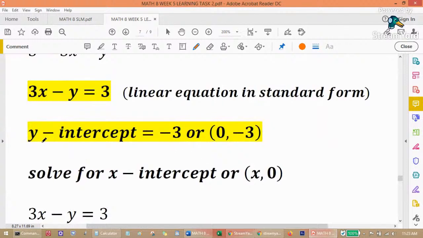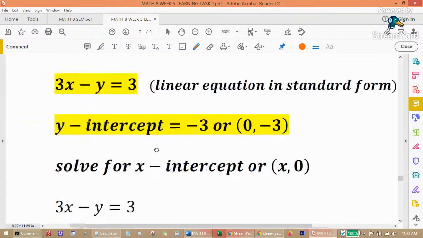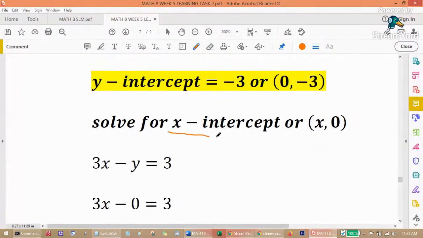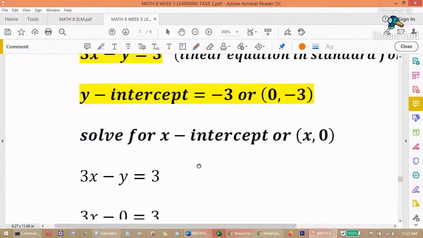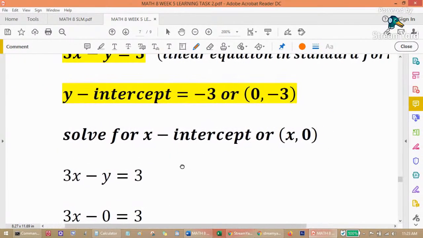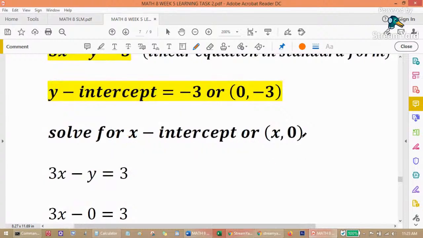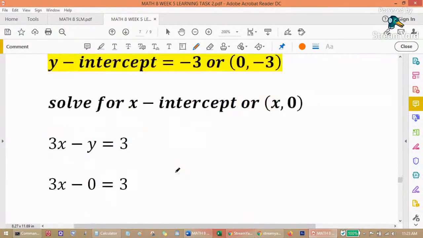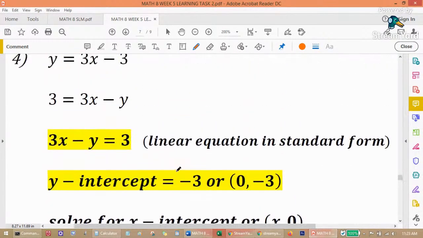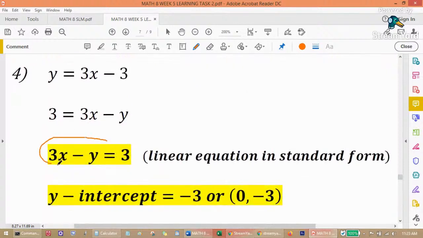So meron tayong y-intercept. Next is what is the x-intercept? Paano makukuha ang x-intercept? Sa x-intercept, 0 ang y. So kukunin natin to.